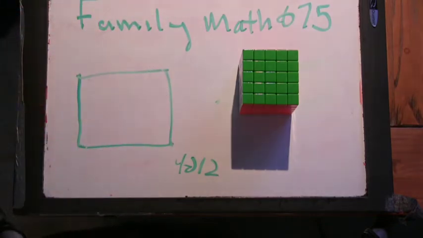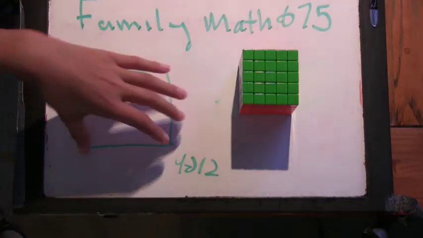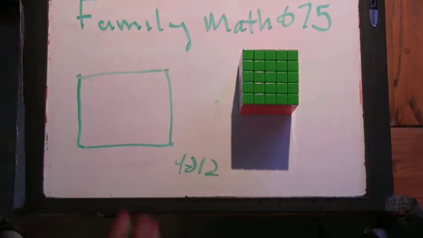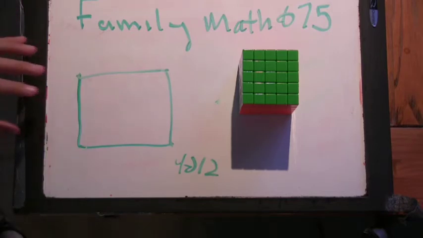Okay. So how did 4 become 12? We added 8 to it. Well, each of the sides became 2 sides, and each of the vertices became an edge.